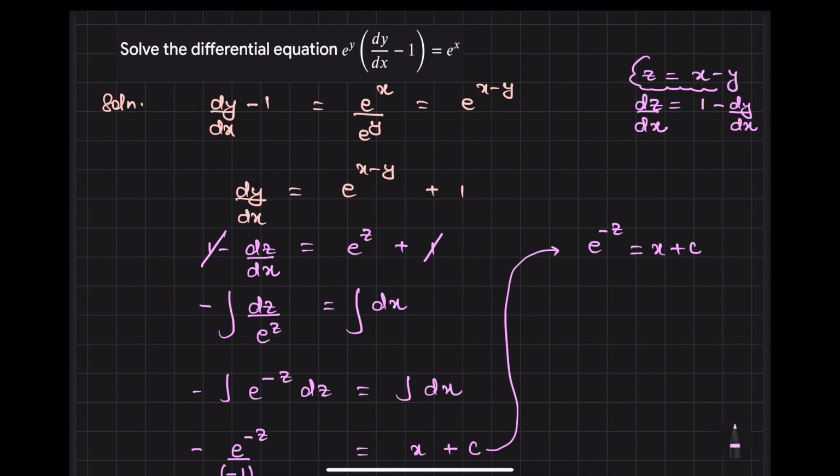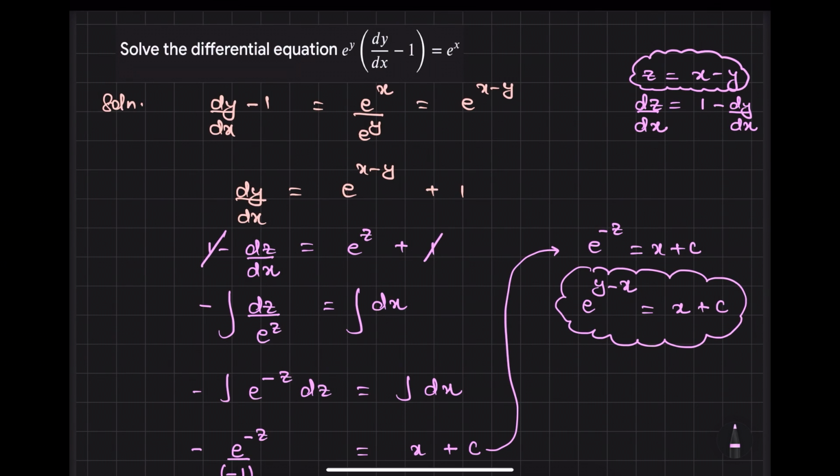The value of z is this. So can I write e power y minus x is equal to x plus integration constant c? Here you cannot solve for integration constant c because no other information is available in the question. So this is the final result.